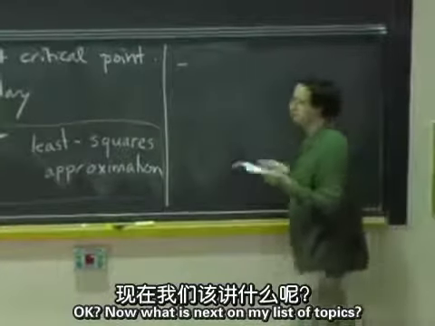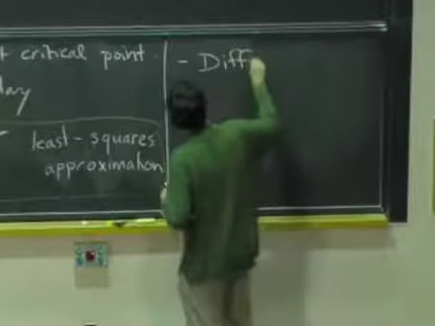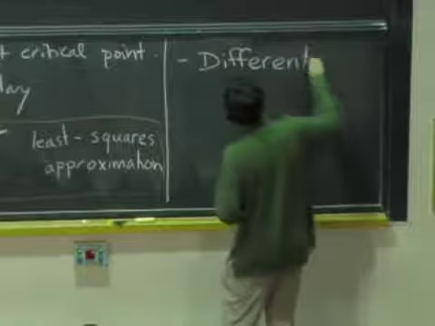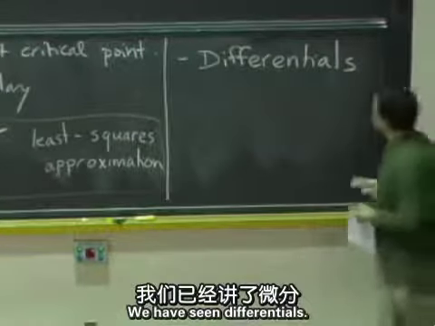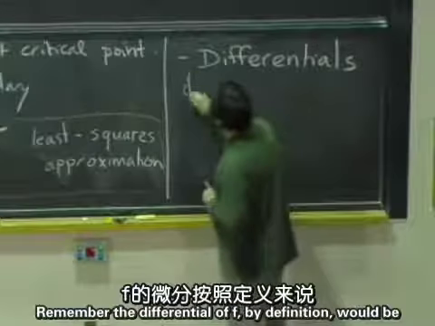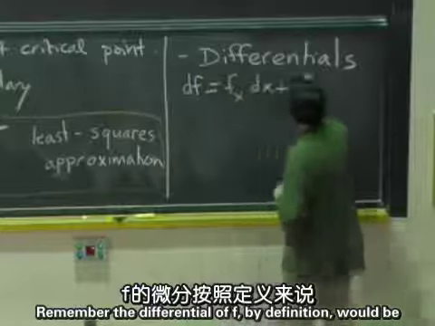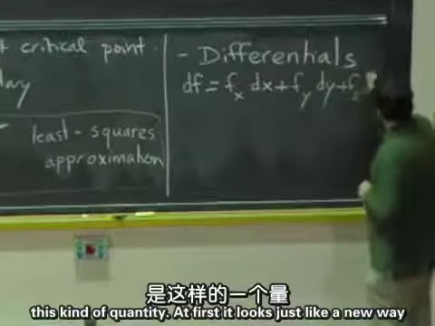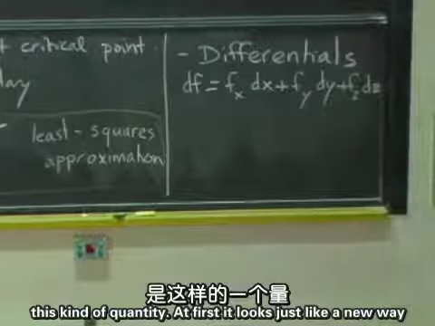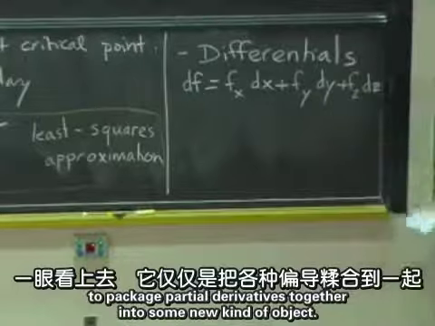What's next on my list of topics? So we've seen differentials. So remember, the differential of f, by definition, would be this kind of quantity. So at first it looks just like a new way to package partial derivatives together into some new kind of object.